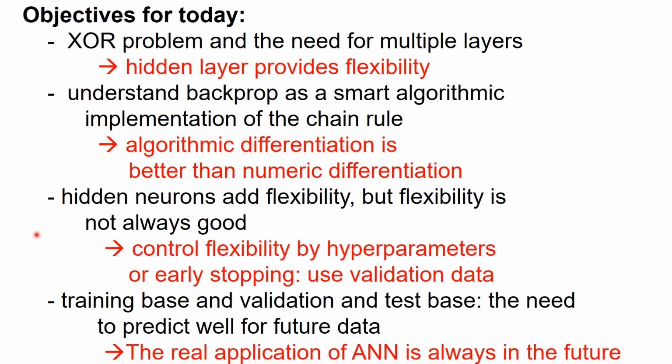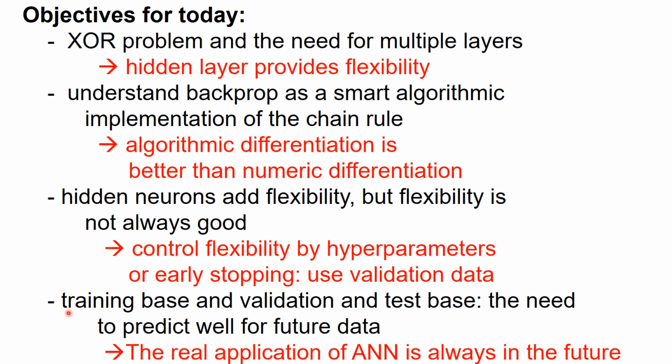We have to control the flexibility by hyperparameters or alternatively by early stopping. The early stopping means you run until convergence and then you go back to the earlier solution which had the lowest error on the validation set. So we always need to predict well for future data.